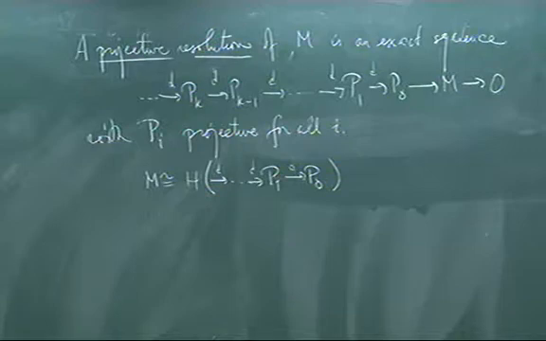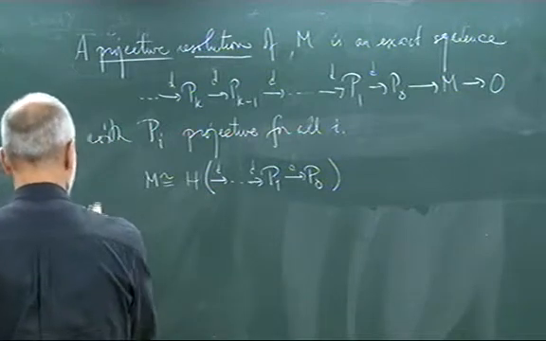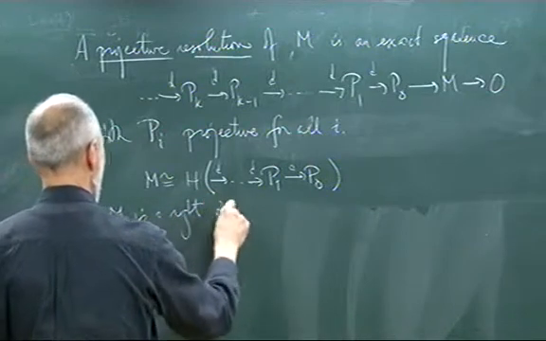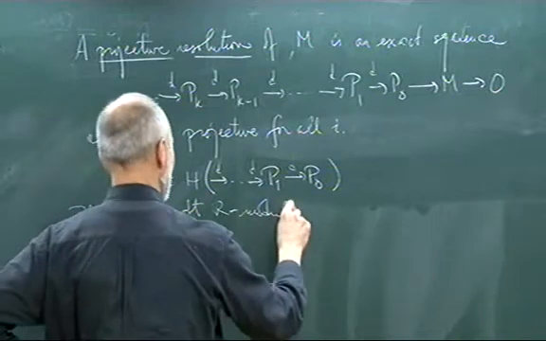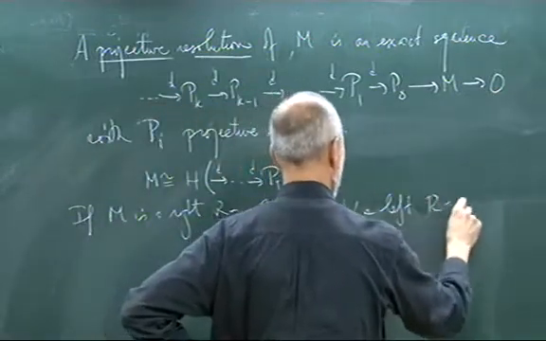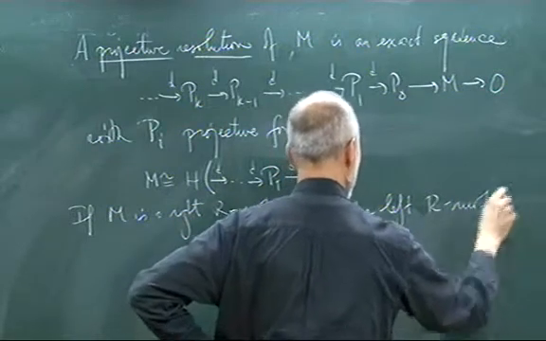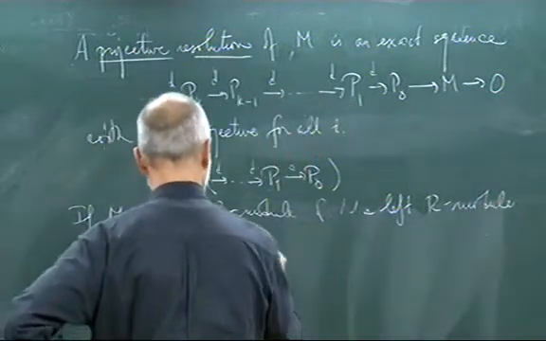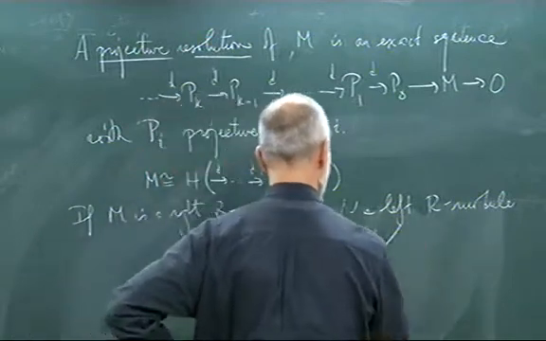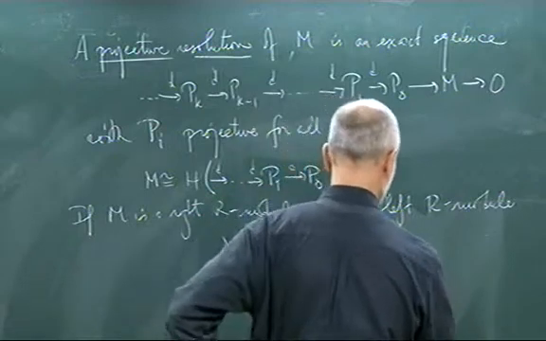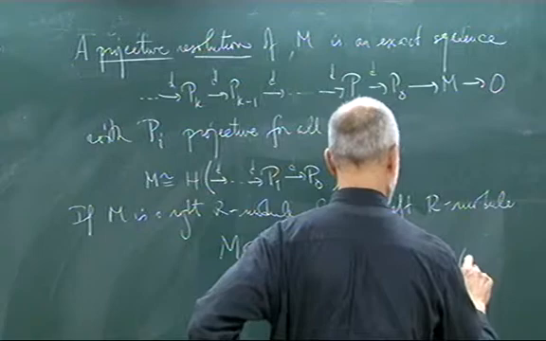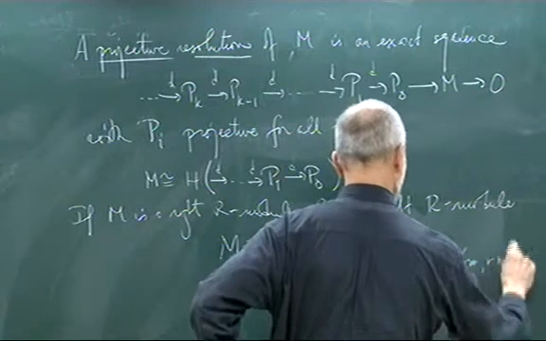So if M is a right R module and N a left R module, then of course we can form the tensor product. Just simply take M cross N mod the identification like this.